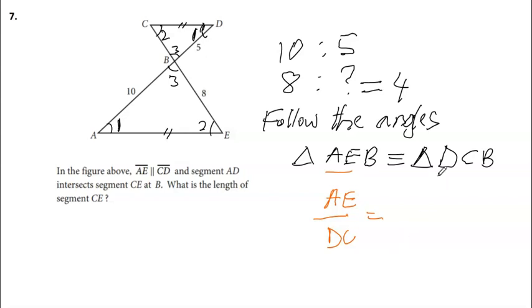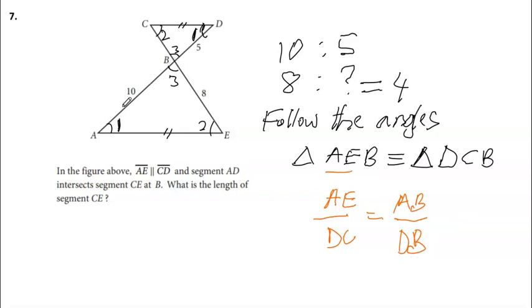Or I can continue to say that if that's true, then AB over DB is also going to give me the scale factor.